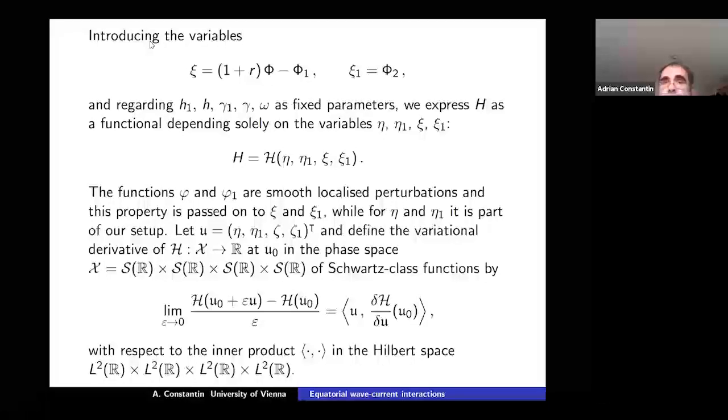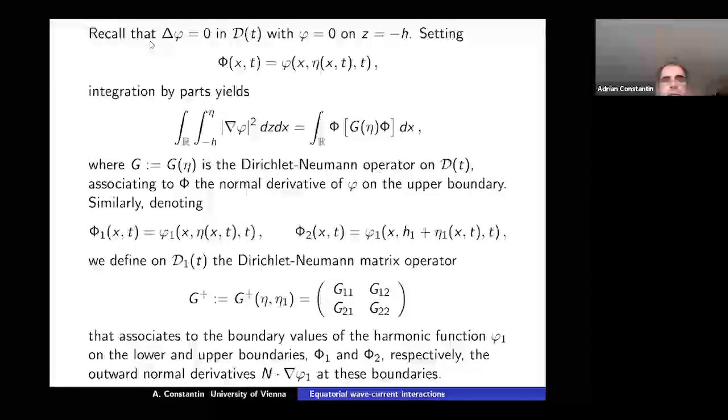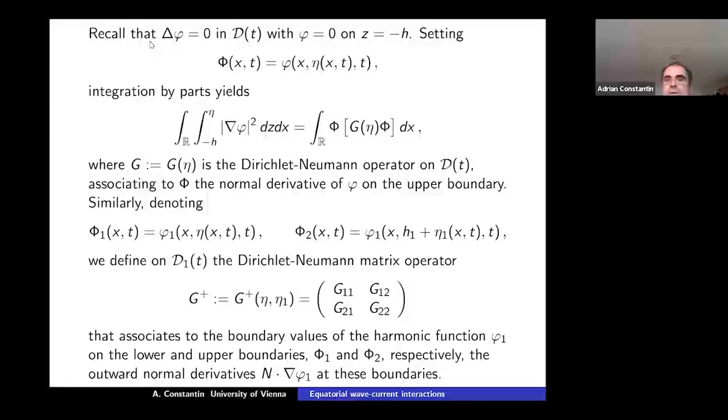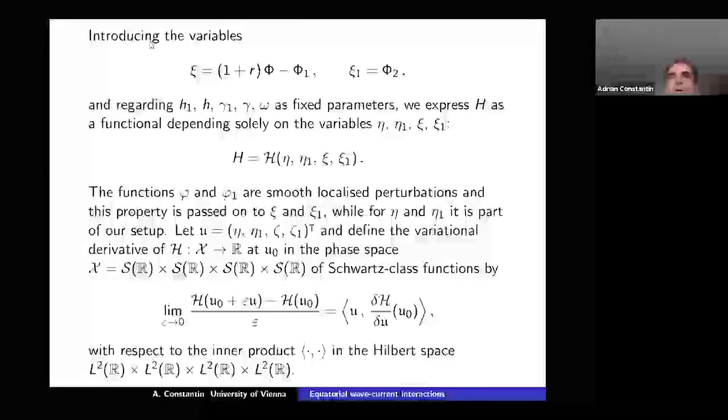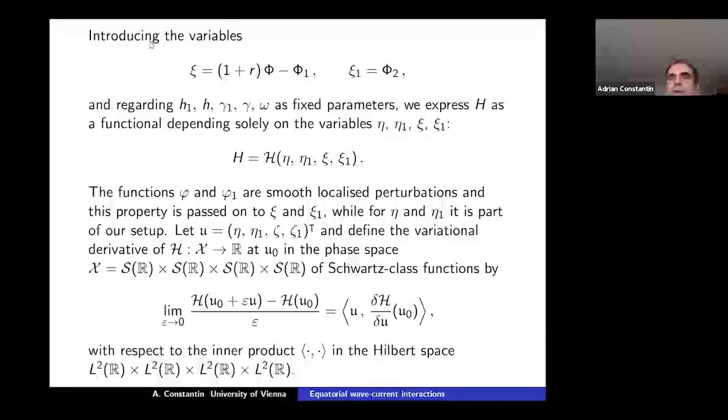Now, these big phi are defined here. So phi1 and phi2 are the traces of the two velocity potentials on the thermocline and on the free surface. And this is how you define these two variables.